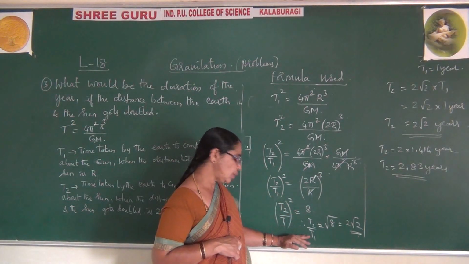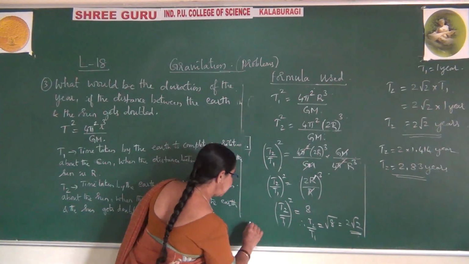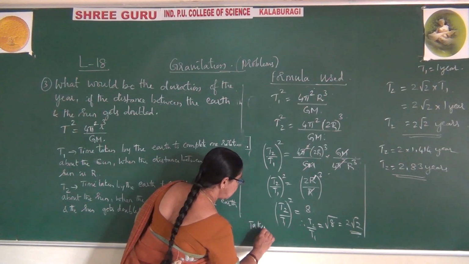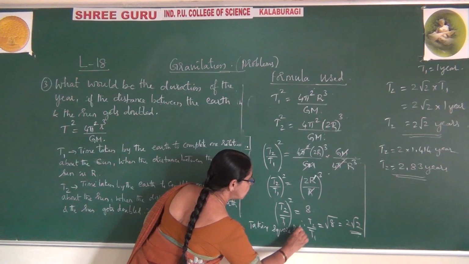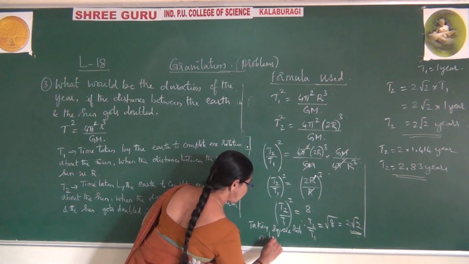Taking the square root on both sides, T2 by T1 is equal to root 8. You have to follow this.